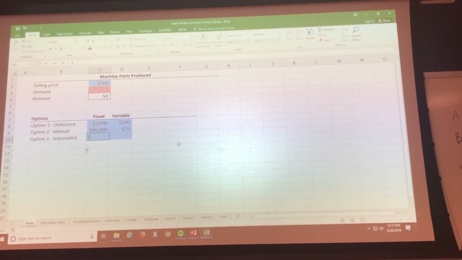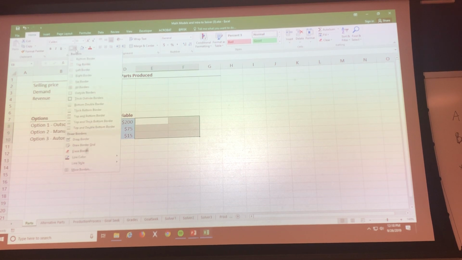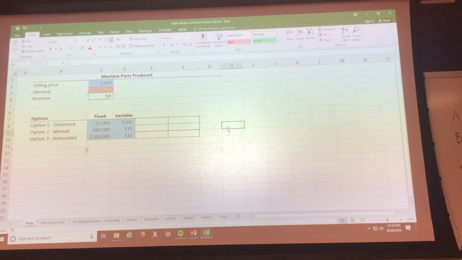If you do the fully automated machine, it's a $200,000 machine, but you get the cost down to $15 a unit. So those are given. Okay, coming straight off the PowerPoint, that's the stuff that we know.